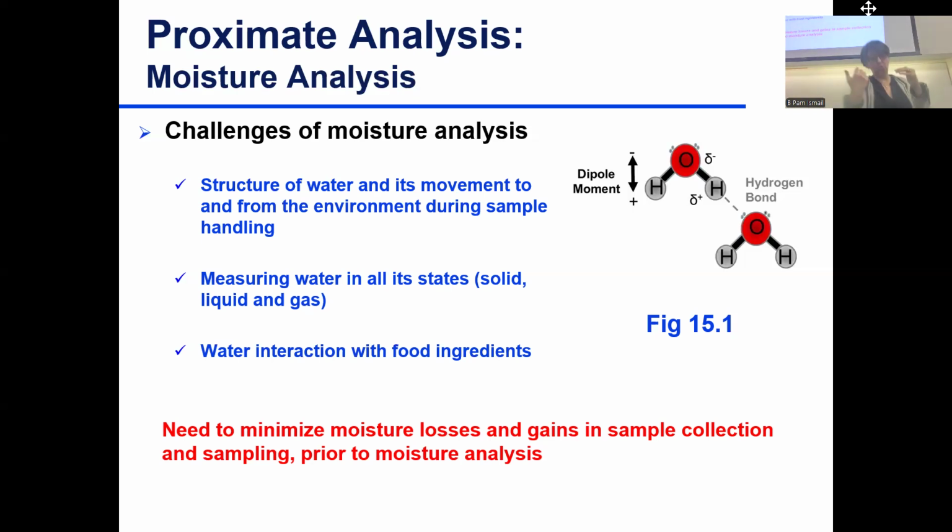And so a very wet sample might lose moisture to the atmosphere because of the difference in relative humidity between the sample and the atmosphere, and a dry sample can pick up humidity from the atmosphere. So it's very, very important to try to avoid loss or gain of moisture prior to your moisture analysis.